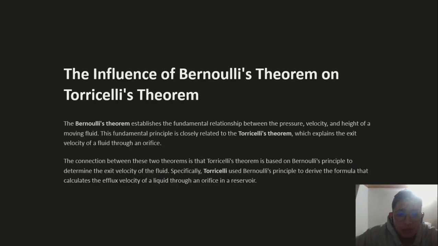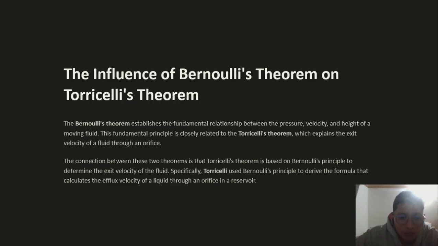The influence of Bernoulli's theorem on Torricelli's theorem. Bernoulli's theorem established the fundamental relationship between the pressure, velocity, and height of a moving fluid. This fundamental principle is closely related to Torricelli's theorem, which explains the exit velocity of a fluid through an orifice.